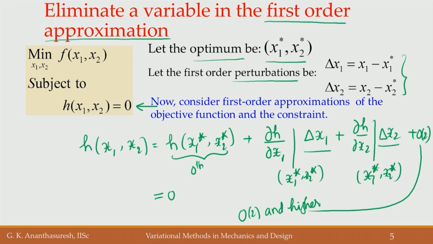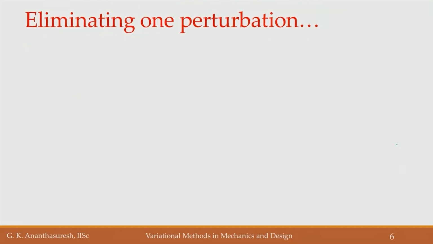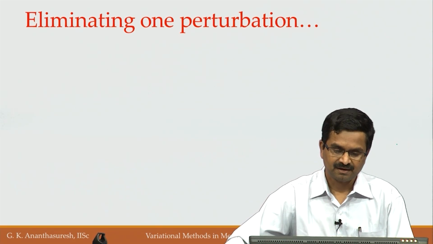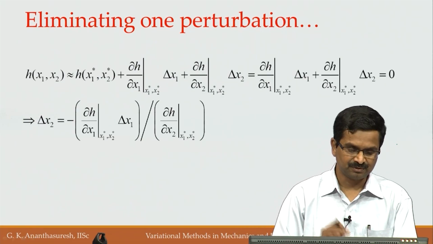So, we can eliminate one perturbation in terms of the other. What we did with the whole variable in the previous slide, now we are going to eliminate in terms of the perturbation, either delta x1 or delta x2, so that after perturbation our equality constraint remains valid, meaning it should be equal to 0.